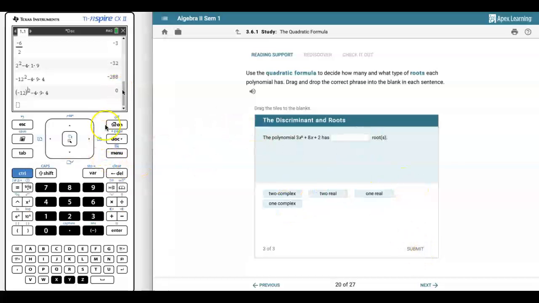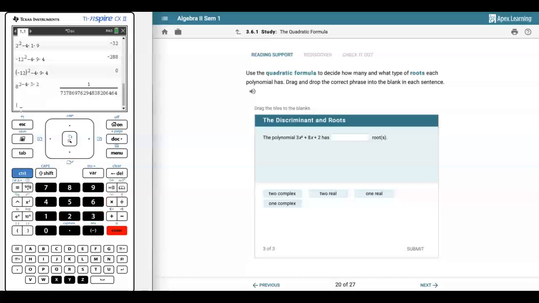Okay, and then we'll do one more here. I've got 8 squared minus 4 times A, which is 3, times C, which is 2. Nope, again, apologies. I am new to this digital calculator here.